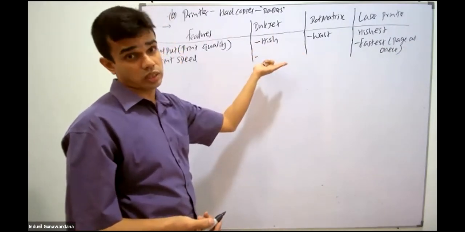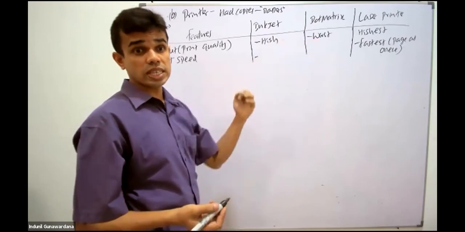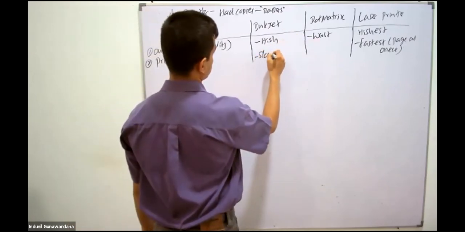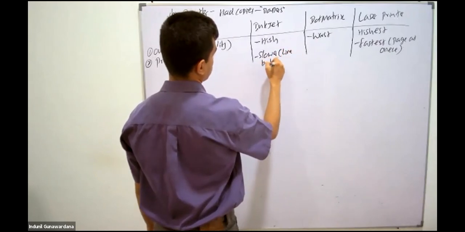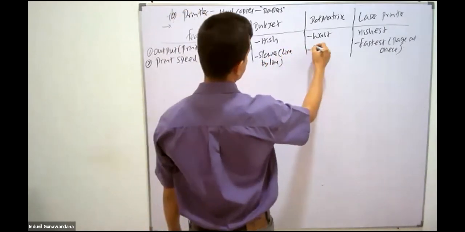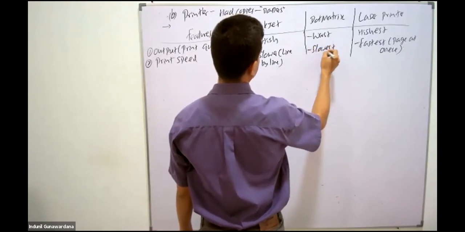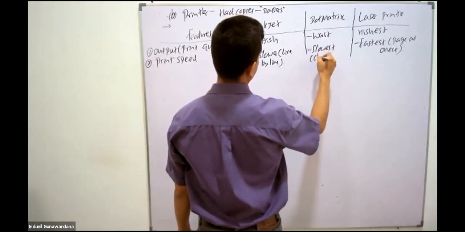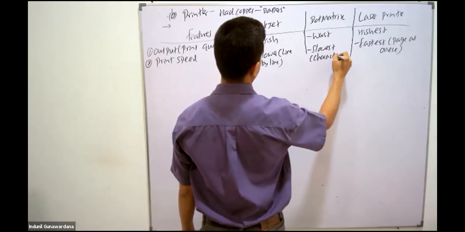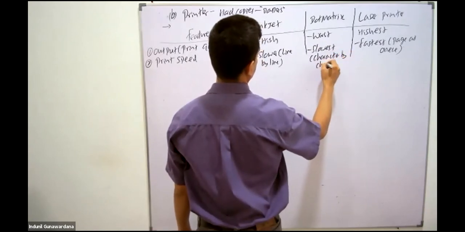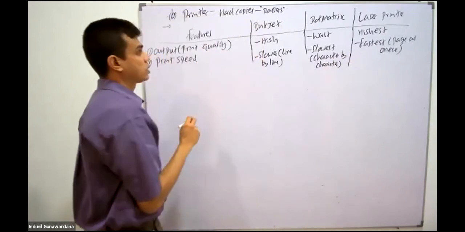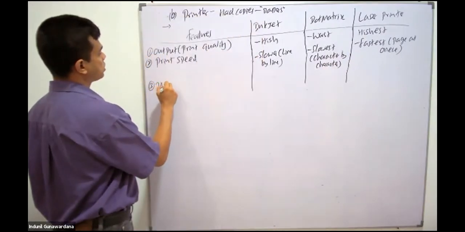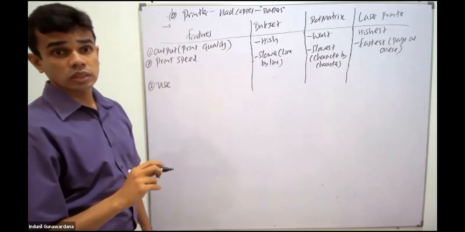Can't say slower, or if I say slower, then I will call this the slowest. Slower, this gives you line by line printing, or line at a time. This gives you the slowest printing, which is character by character printing.